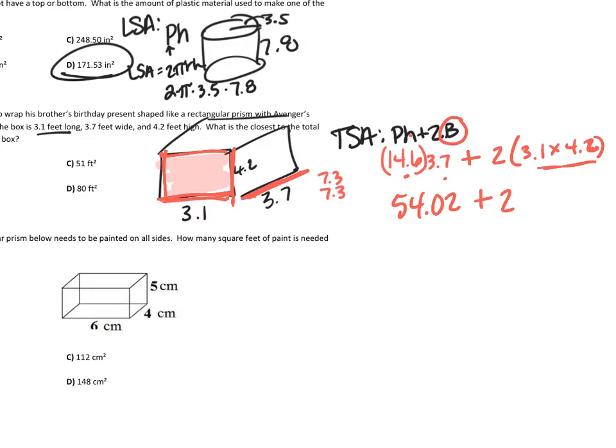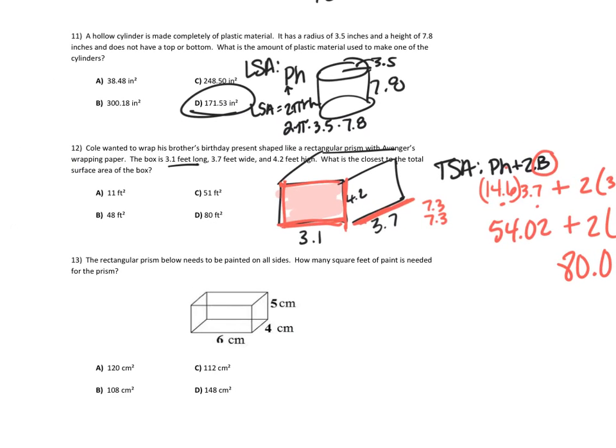So 3.1 times 4.2 is 13.02. So I have this now. I'm going to just put that in the calculator, and I got 80.06. So it's about right there.